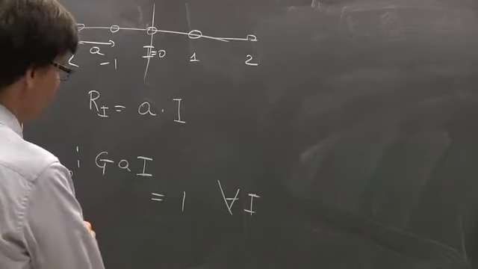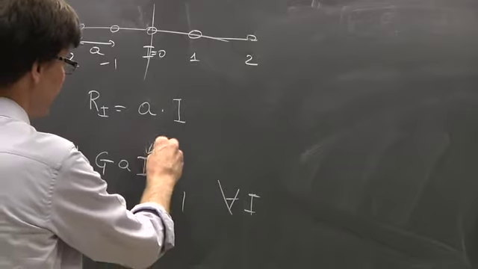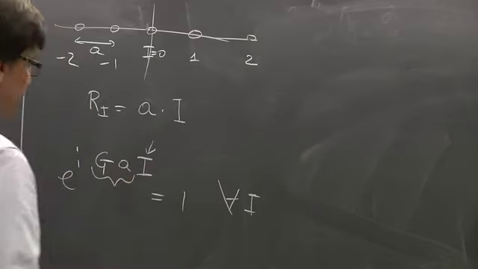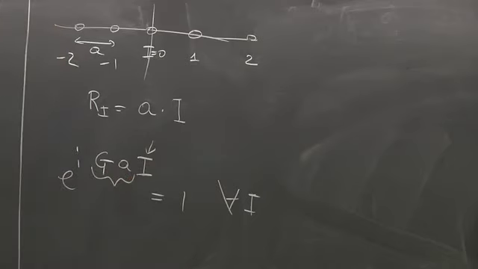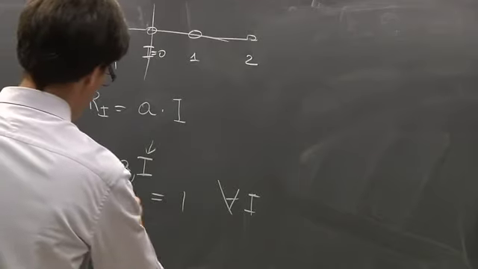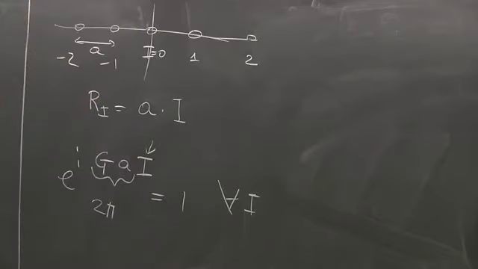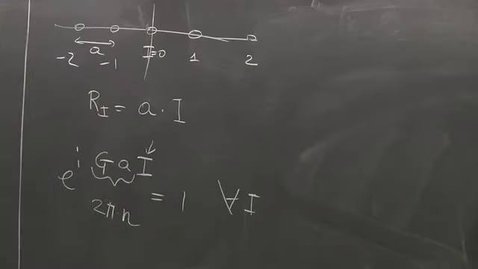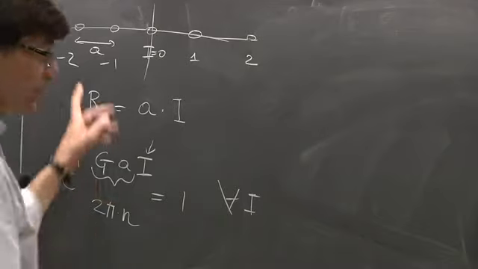How can I make this one for every integer? What do I need to do to this to make this one for every integer? 2 pi. In fact, not only 2 pi, but 2 pi times any integer. Right? If G times a is 2 pi times an arbitrary integer, I'm done.